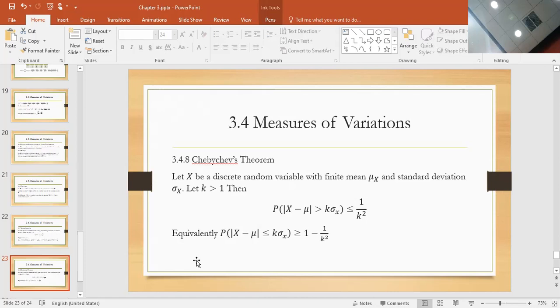It is equal to 1 minus the probability that the absolute value of x minus mu is greater than or equal to k sigma, which is greater than or equal to 1 minus 1 over k squared. The 1 will go, and this will be the probability that x minus mu is greater than k sigma, then we reverse the inequality, giving at most 1 over k squared. What I'm trying to explain first is that these 2 statements are equivalent.